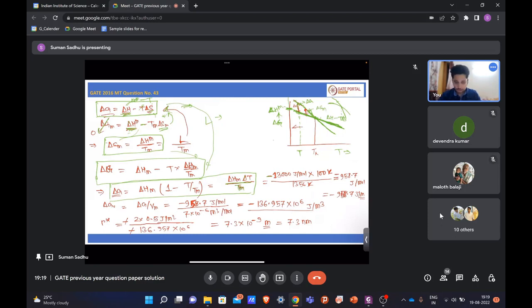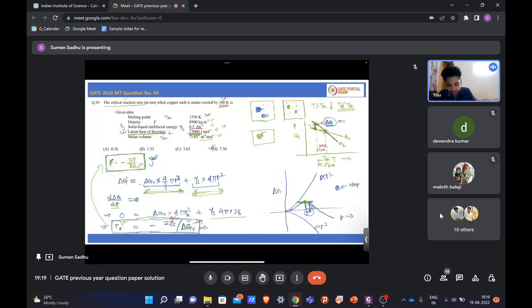Yes. So now you have to find the delta GV term. In order to calculate R star, you have to find out delta GV. Delta GV is volume free energy. Volume free energy's unit is joule per meter cube. So now you can see that molar volume is given.